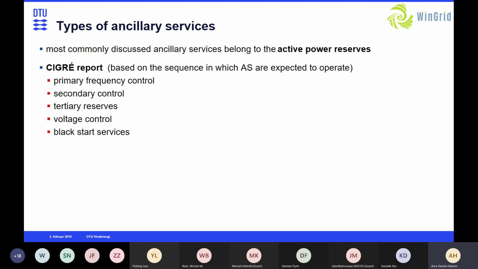For example, in the CIGRE report, we find a classification of ancillary services based on the sequence in which they are expected to operate. So we have primary frequency control, secondary control, tertiary, and voltage control, and Blackstart services.